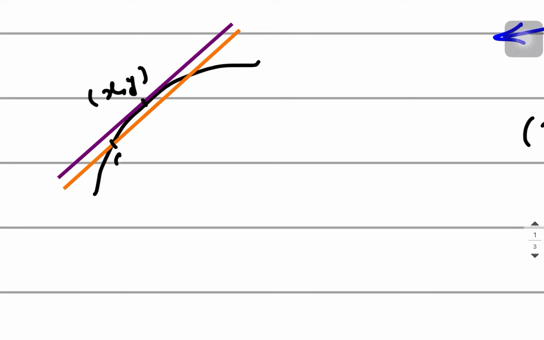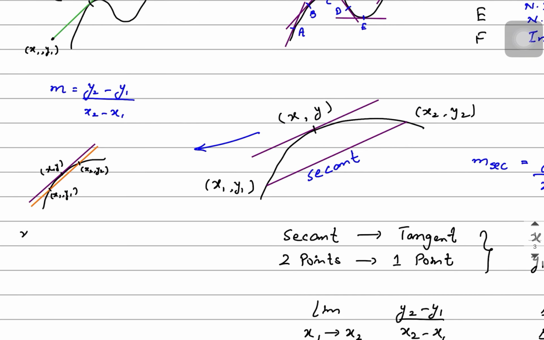It's only a single point. I took this point on the curve, that is x1 and y1, and I took this point, that is x2 and y2, and I would say that x1 is very near, close to x2.